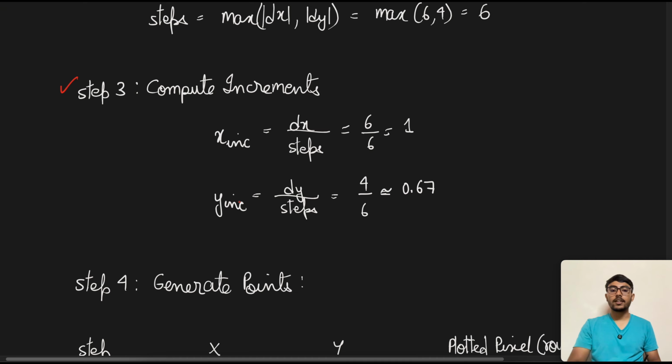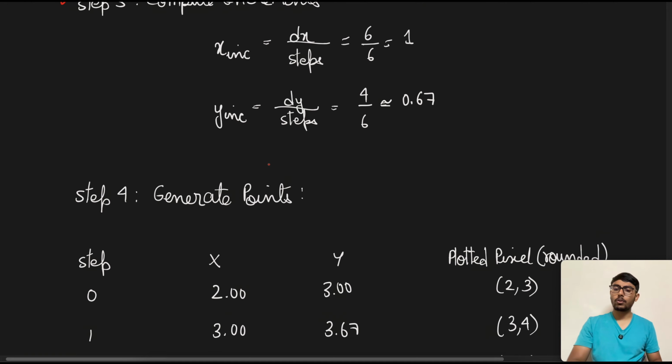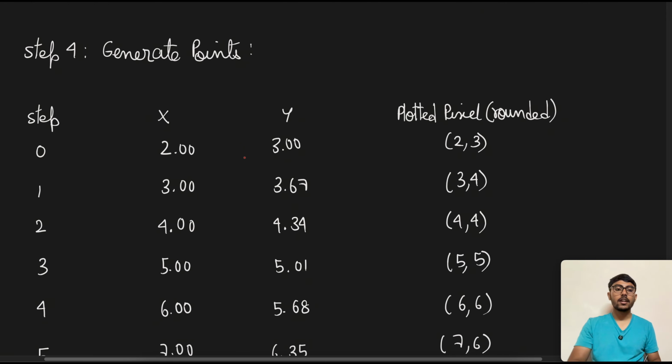Then we calculate the points according to what we need to plot. So that would be a table. Here we will see step 0, we got the initial point, and since we are going to see all the calculations and then round them off here, I am just putting 2 decimal places, 2.00, 3.00, and the plotted pixel is the same.